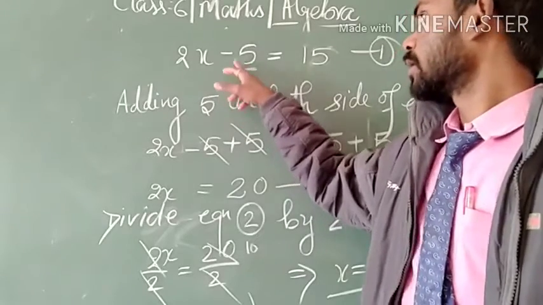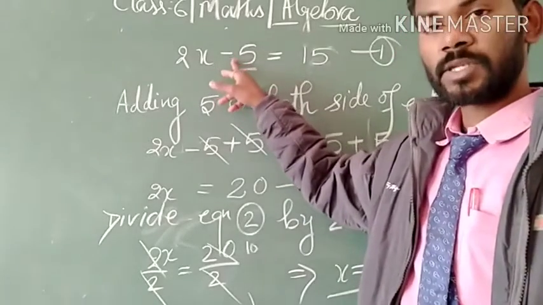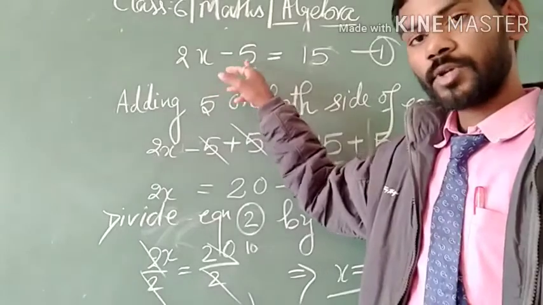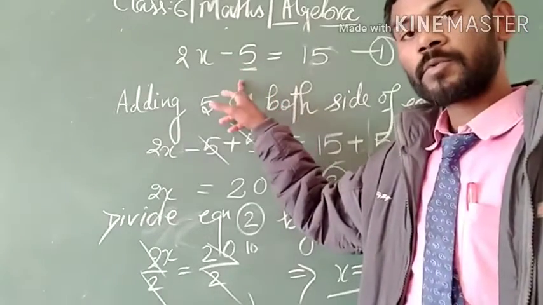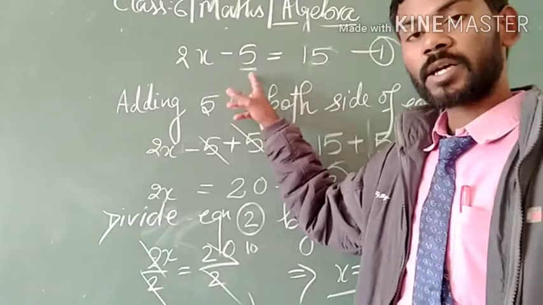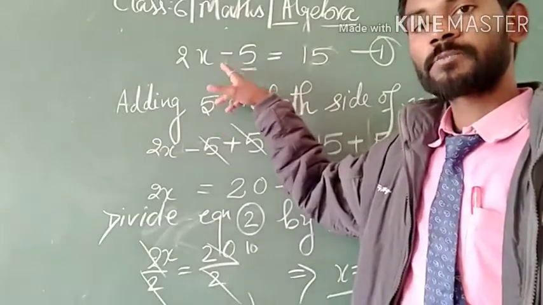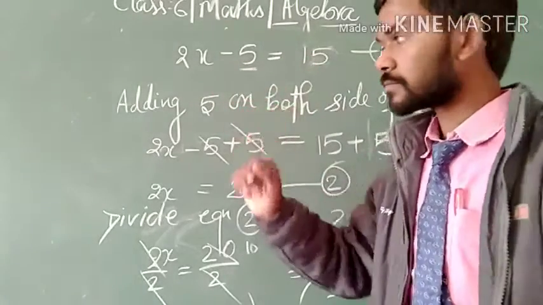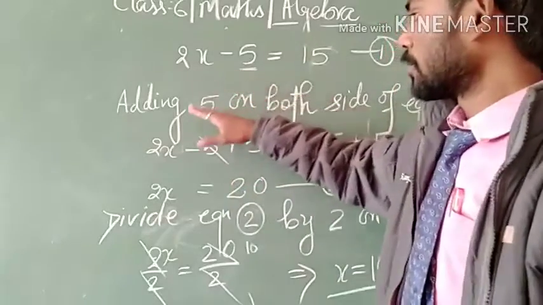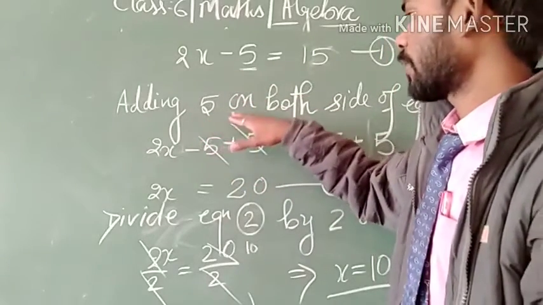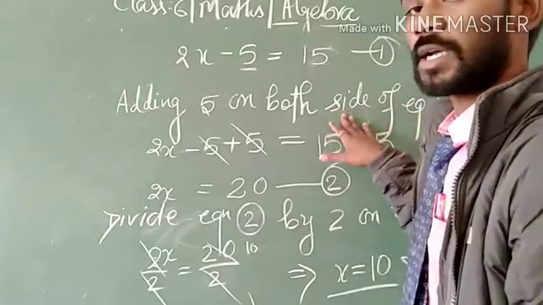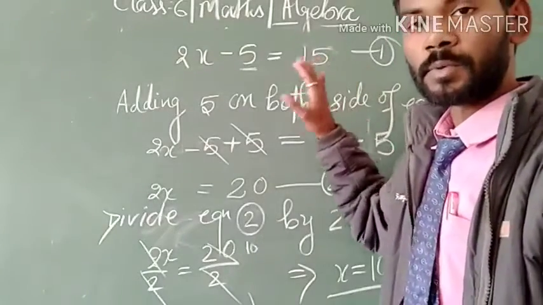Therefore, here minus sign has been given. In order to remove 5, we have to operate the opposite side corresponding to minus. Therefore, we shall add 5 on both sides of equation 1.